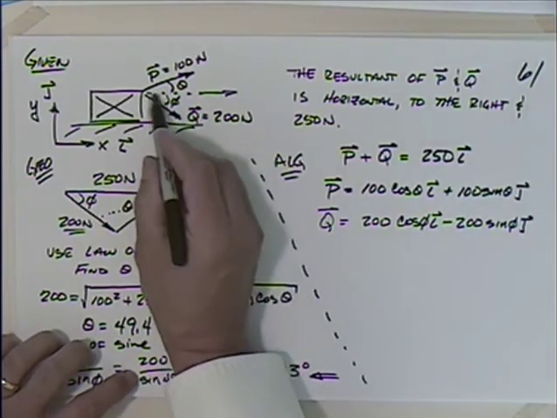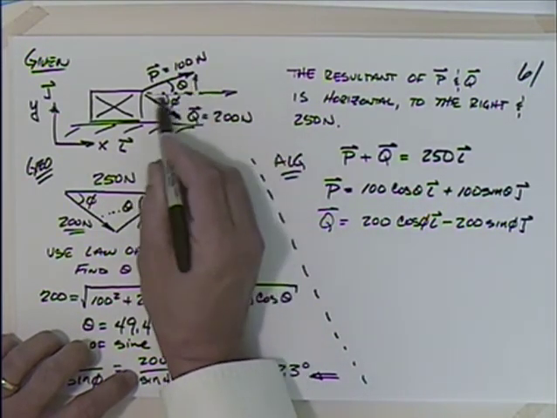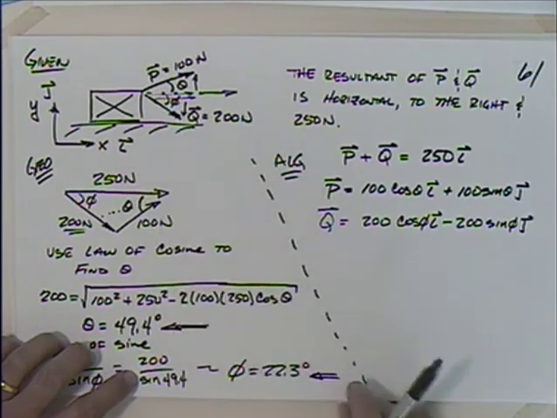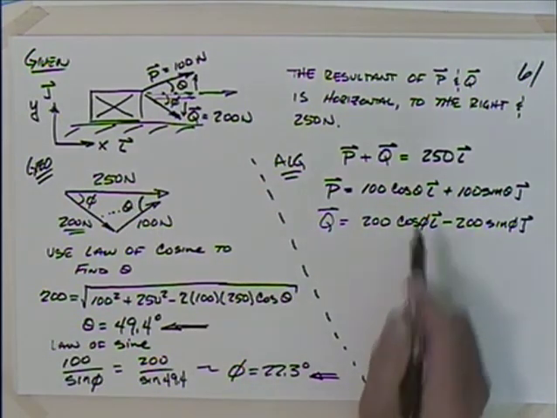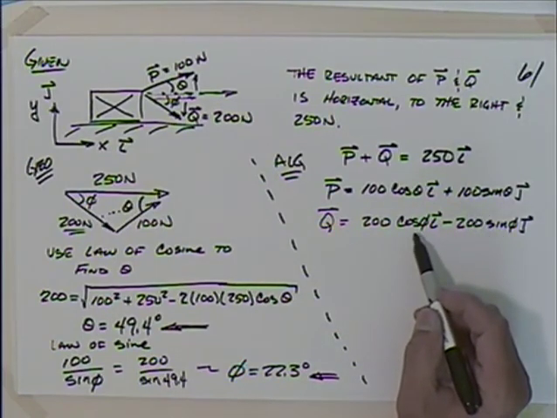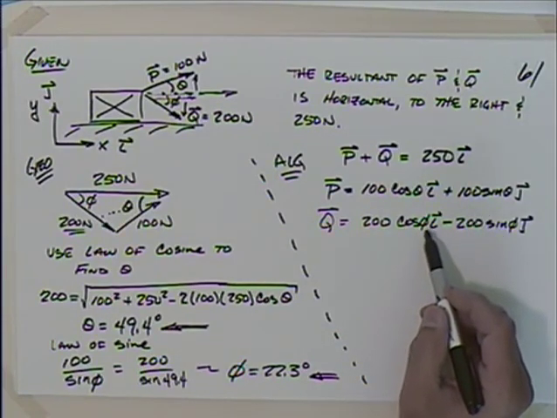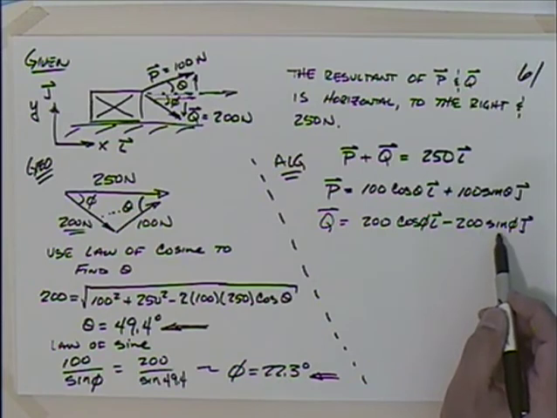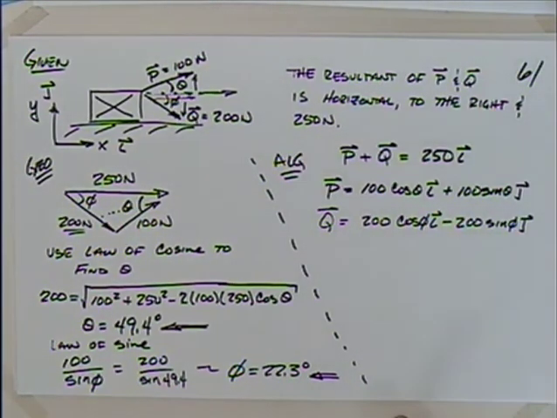Are we right with that? That's positive, this is positive, and then that's negative. Yeah, 100 cosine theta, 100 sine theta, 200 cosine phi, minus 200 sine phi. Yes, this should be good.